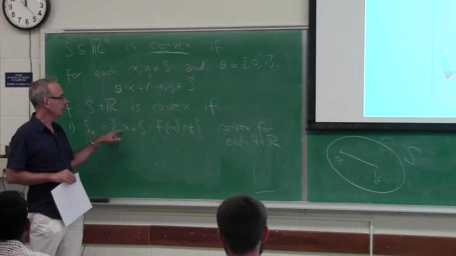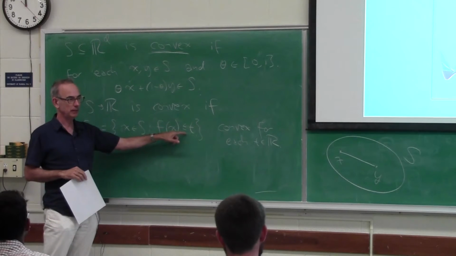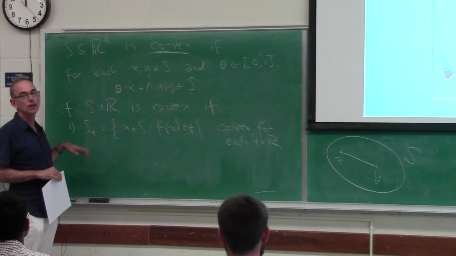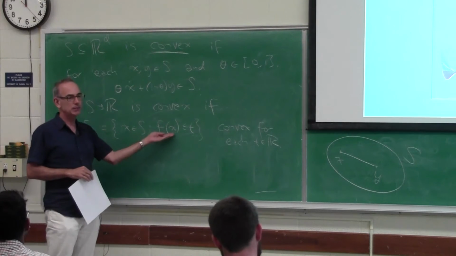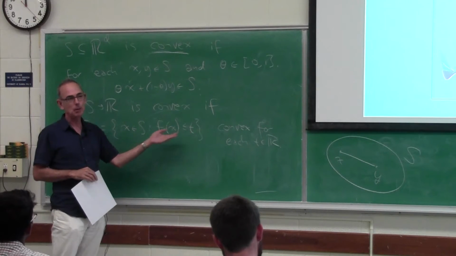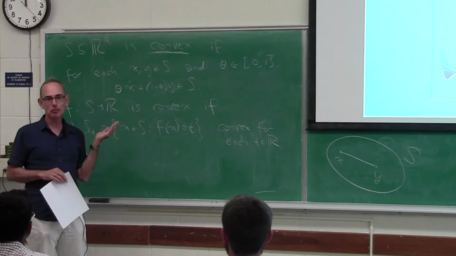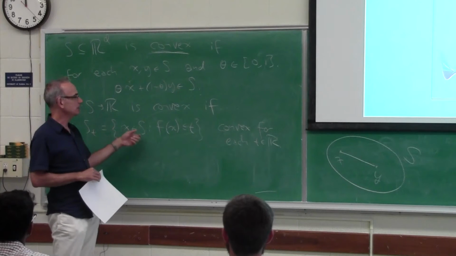You look at all the x for which f of x is less than or equal to t. That sublevel set has to be convex or empty. It could be that f is never less than t. f might be positive valued and t is negative, so it's an empty set. We'll take empty sets to be convex. So this is convex for every t.